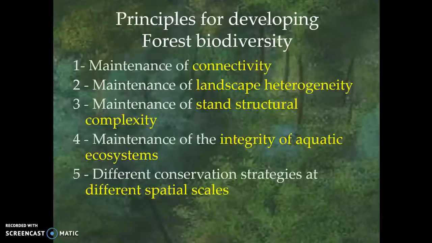The principles for developing biodiversity are in yellow, and that is connectivity, heterogeneity, stand structural complexity, aquatic ecosystems, and conservation at different spatial scales, which means small to large. So these last 2 slides are really key.